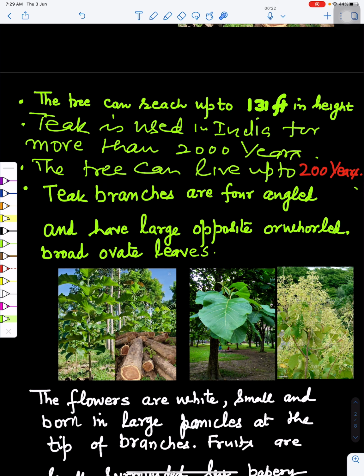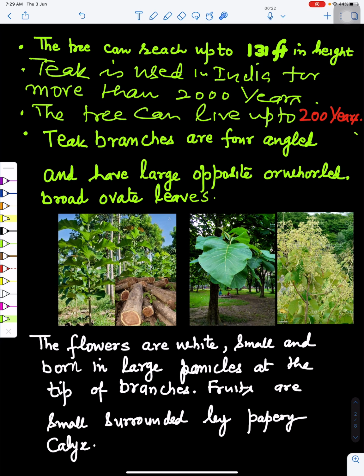So if we see about morphology, teak branches are four angled and have large opposite or whorled broad ovate leaves. Its flowers are white, small and borne in large panicles, meaning clusters, at the tip of the branches. Fruits are small, surrounded by papery calyx, meaning the calyx is like paper.